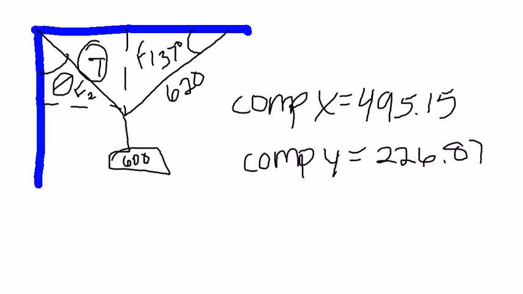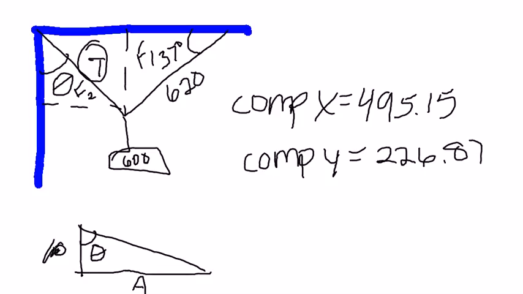Now, with this image, we are trying to find this theta here, so we want to use our components to find that theta. We're given opposite and adjacent. Sorry, this is adjacent, and this is opposite. Let me redraw that, because we always relate it back to where the theta is. So we have opposite over adjacent.